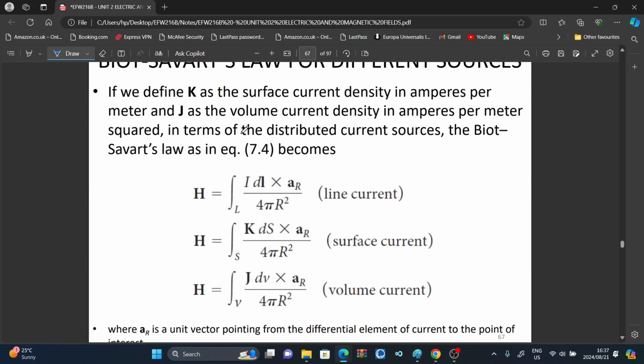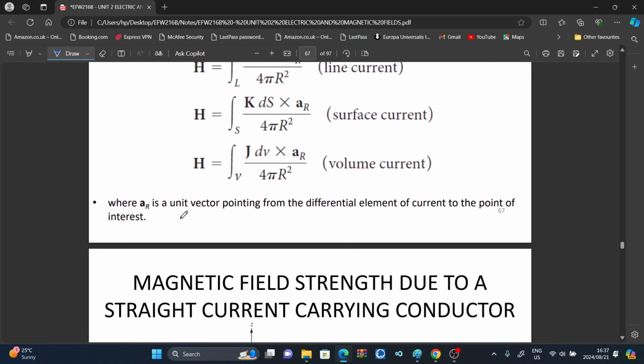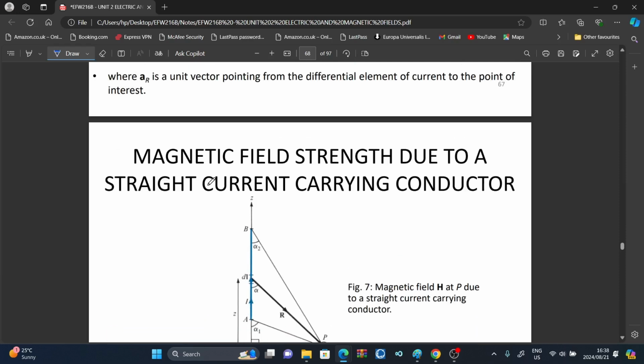They just show you how we calculate those values at different surfaces. That's Biot-Savart's law with different surfaces: line, surface, and volume, and you can also read through this.